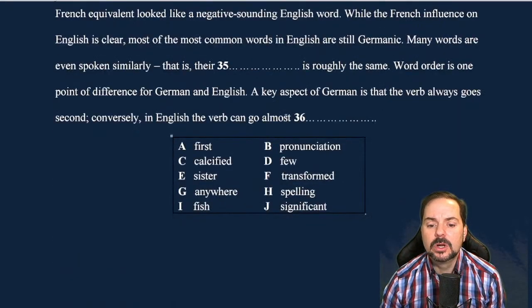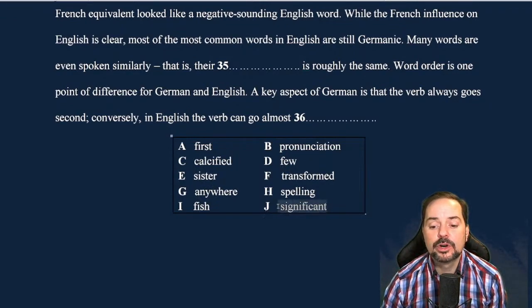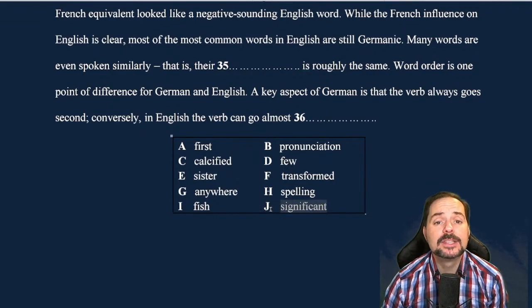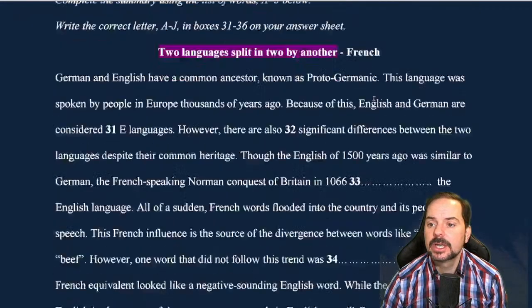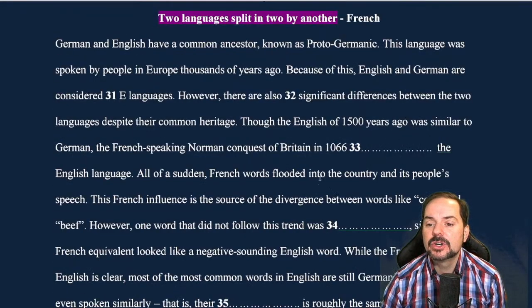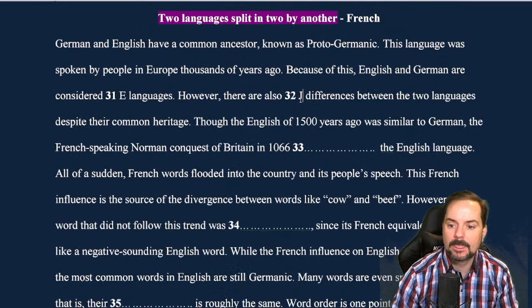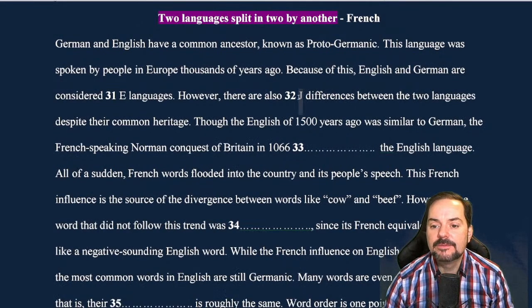And again, I look at this, first, calcified, sister, anywhere, fish, pronunciation, few, transformed, spelling, and significant. Now, when you have a word match like we have right now, then you know that's got to be the right answer, okay? So the answer here would be J. Okay, significant differences. And here it's E.